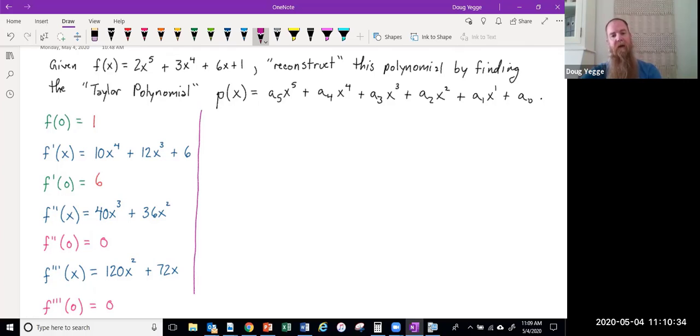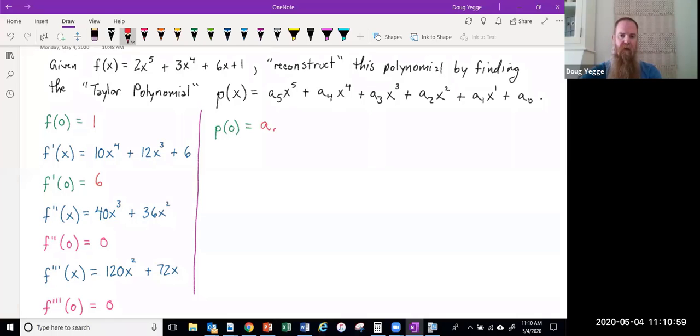So that must mean that the function value should equal the same as the function value at 0 here. If I start off by looking at p of 0, notice that p of 0 should equal a0, because everything else canceled.